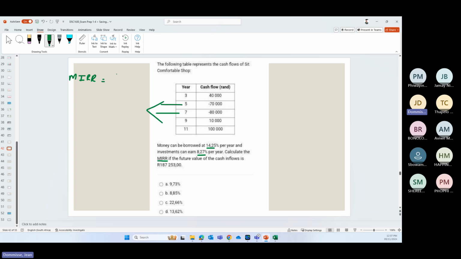C is 187,253 because they give that to us. The present value of outflows, when we work that out, would have been 67,444.26.